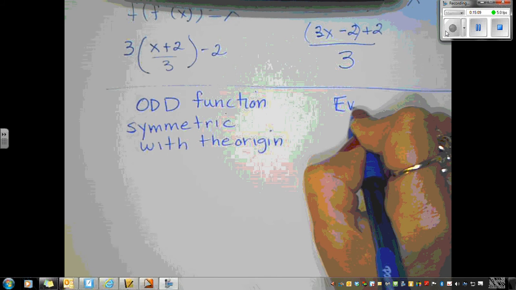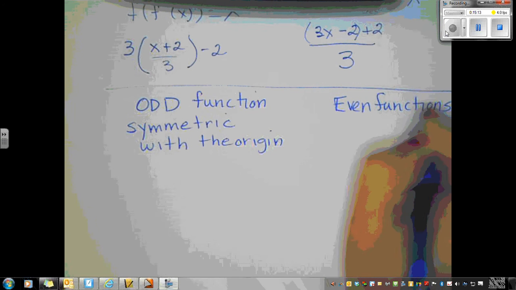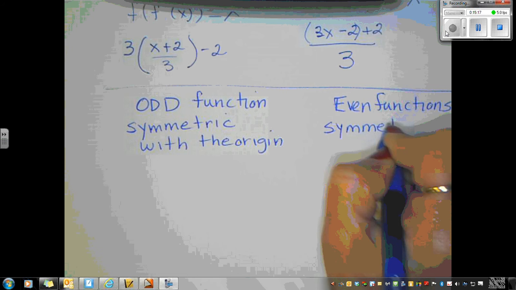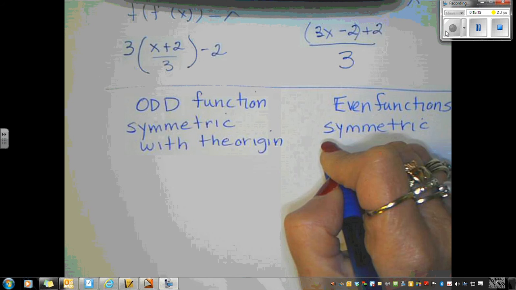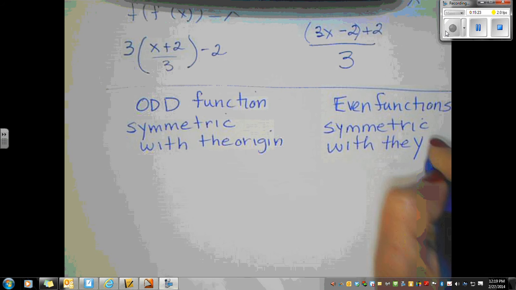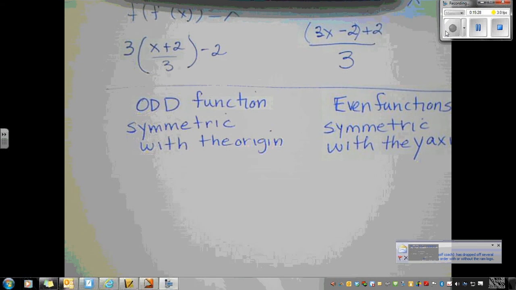Even functions. Symmetric with what? With the y-axis, okay?